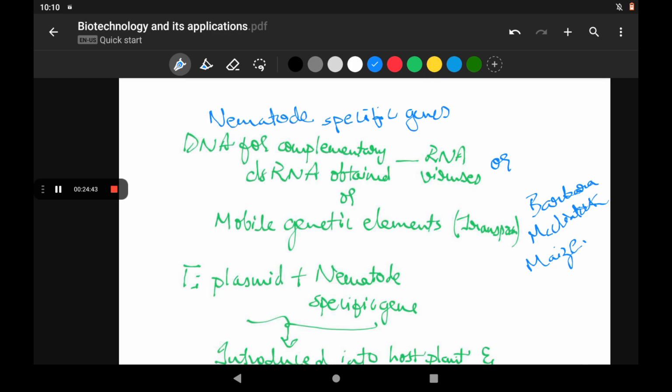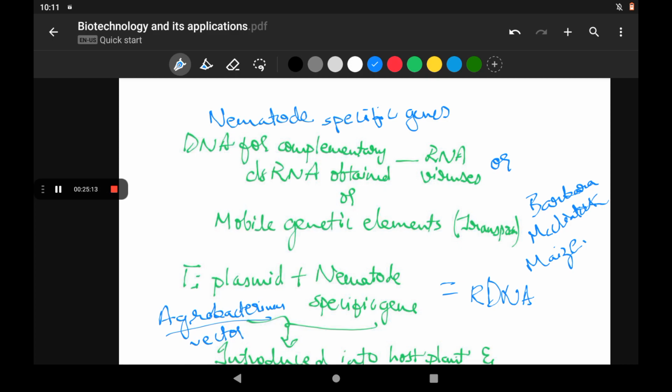Now we have to make a recombinant DNA. The recombinant DNA includes Ti plasmid plus nematode-specific gene. In our NCERT book, the Ti plasmid is instead given as Agrobacterium vector, and we cannot use pBR322 or pUC18 for plant experiments.